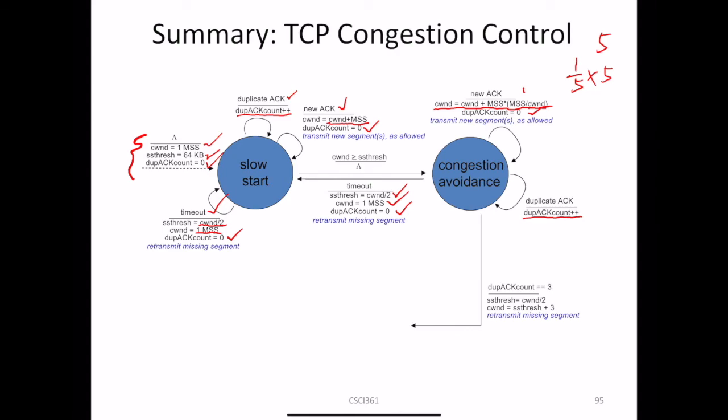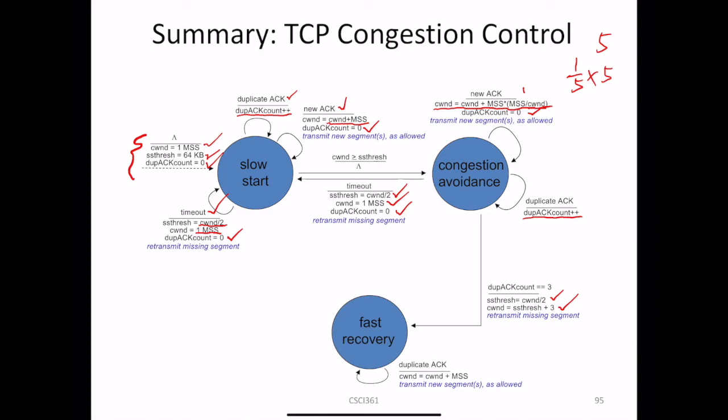Another possibility is when the duplicate ACK count equals 3, which means that under this state the sender receives 3 duplicate ACKs. Then the threshold will change to half of the congestion window size, the congestion window will be set to the threshold plus 3, and then move to the fast recovery state.